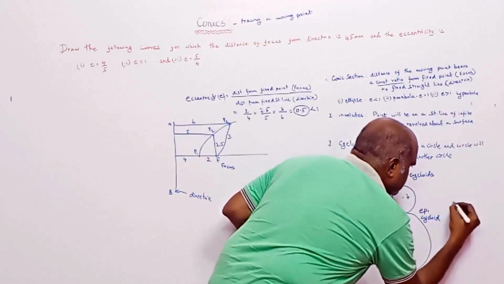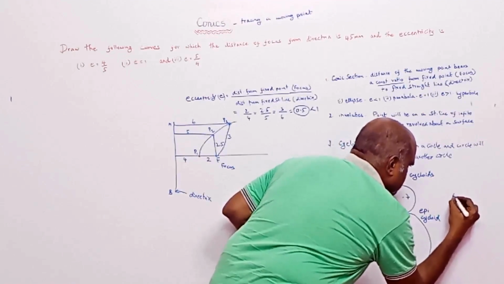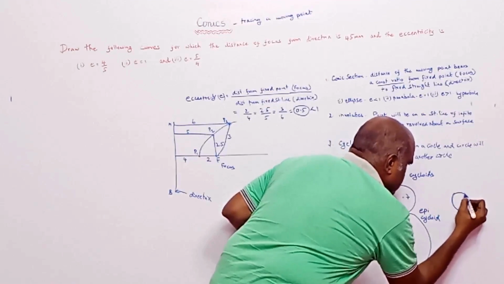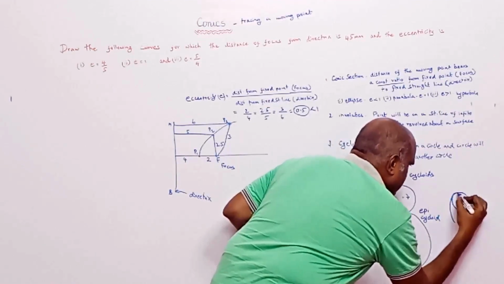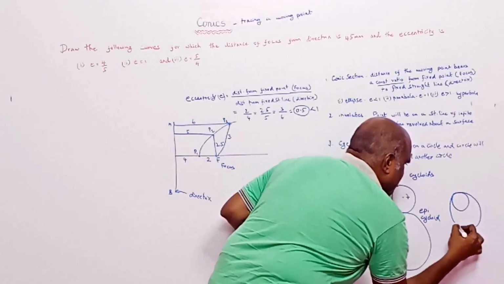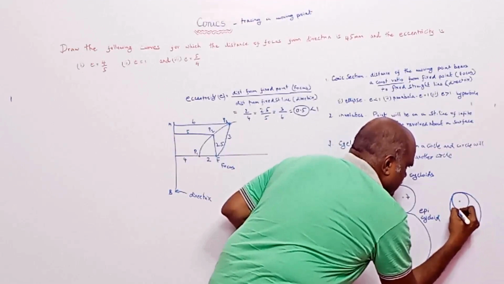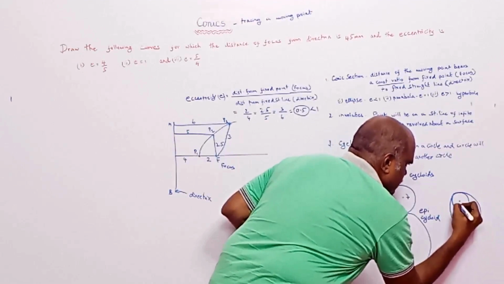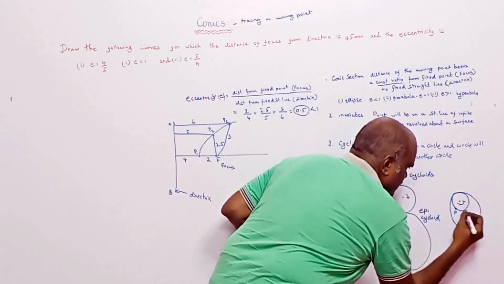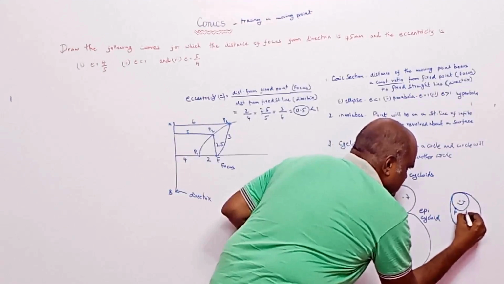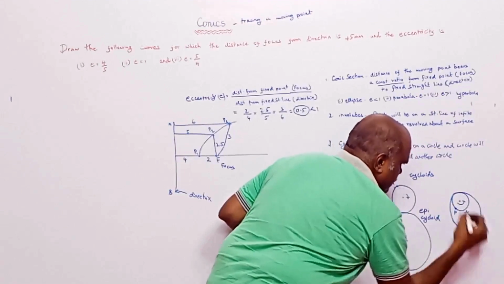And if the rolling circle is revolved inside the larger circle, so this one is the rolling circle, you are considering this point P here, and this one is the center of the larger circle.